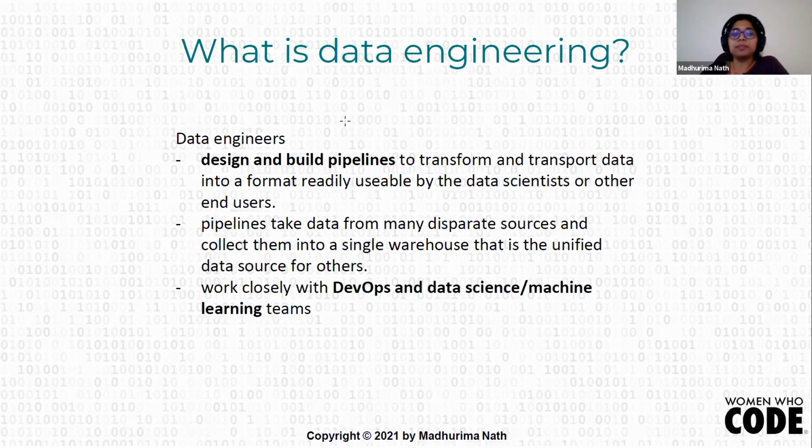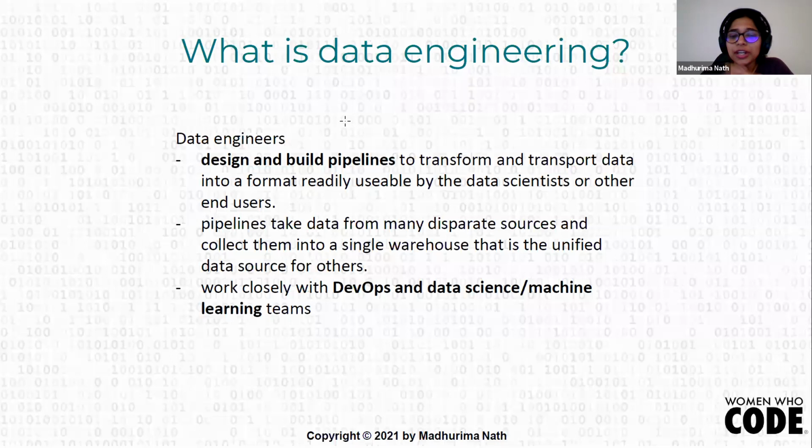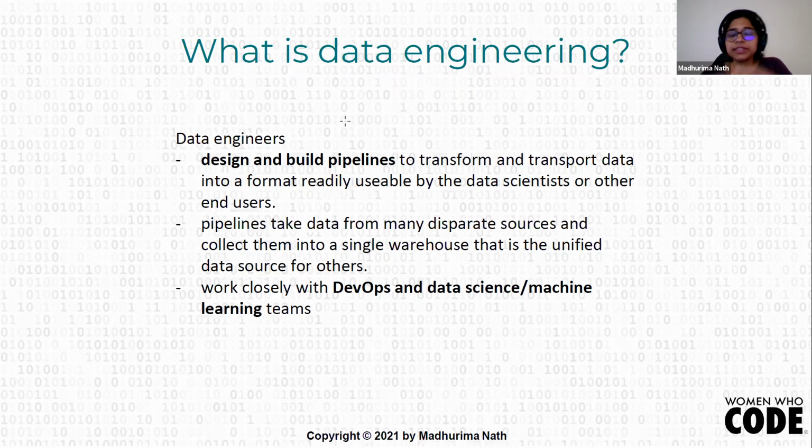Data engineers, basically what they do is they design and build pipelines. This is mostly to get the data from multiple sources or databases and transform it so that it is readily available to other users.